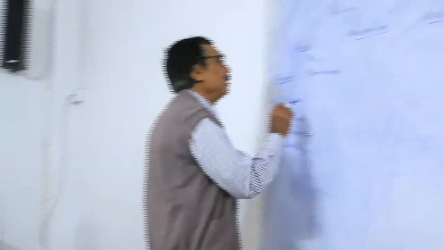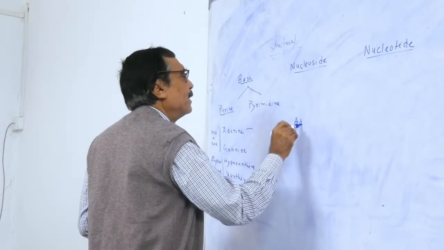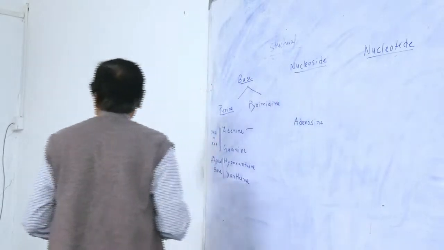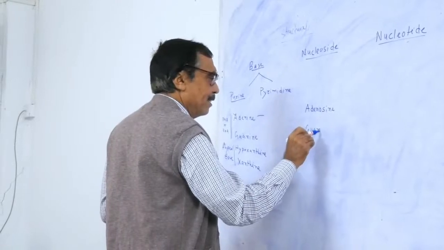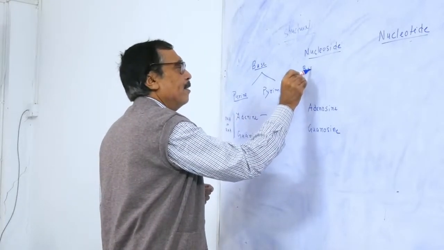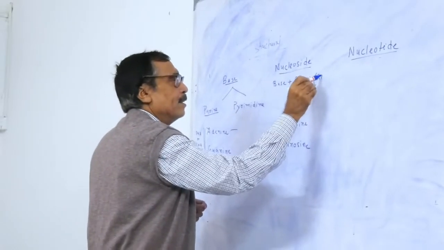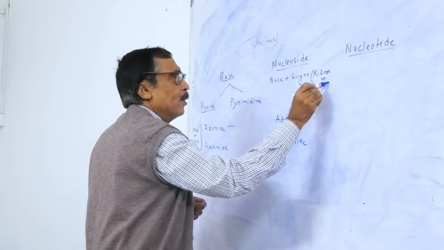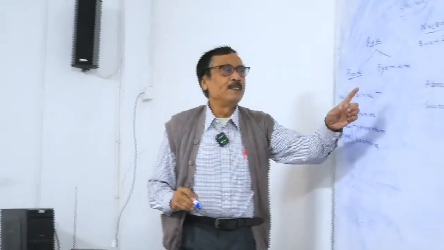If the purine is adenine, what is the nucleoside? The nucleoside name will be adenosine. If guanine, guanosine. These are nucleosides. That means base plus sugar. Sugar means ribose or deoxyribose. When adenine is the base, adenosine is the nucleoside.